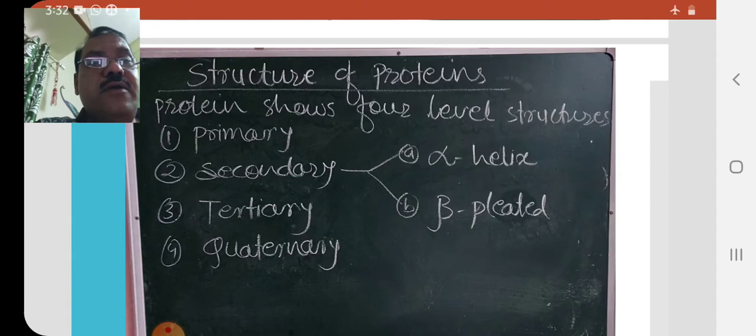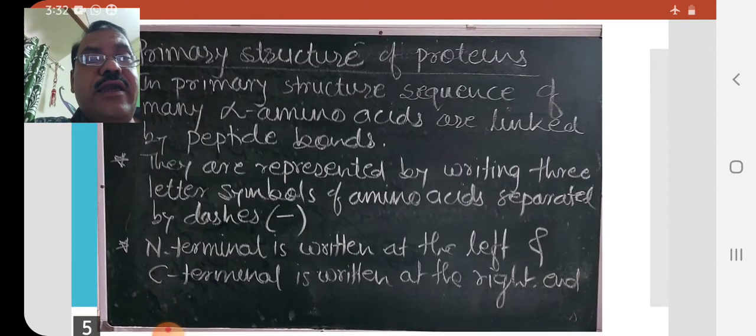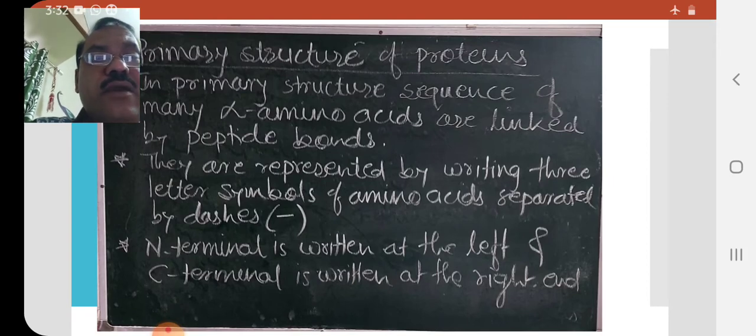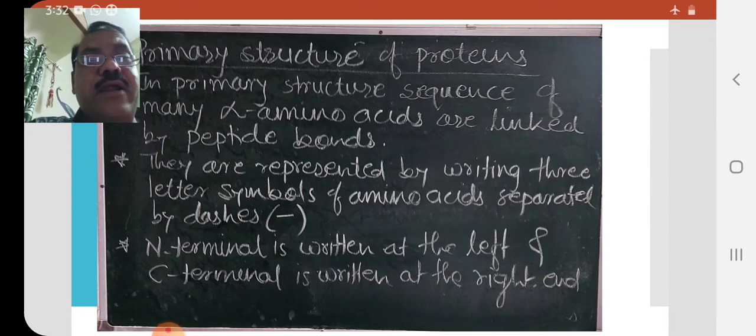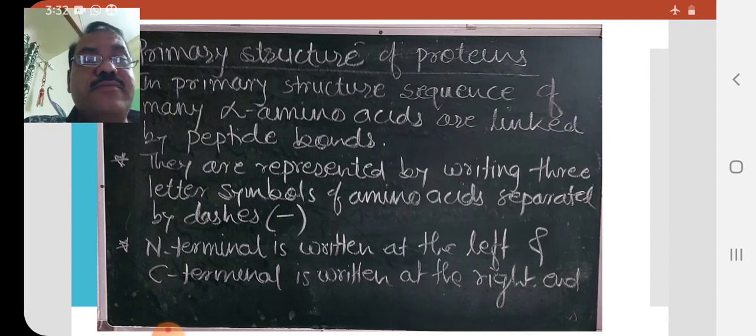So primary structure. What is primary structure? In primary structure, many alpha amino acids are linked by peptide bonds. When you see the example, you can clearly understand. Many alpha amino acids are linked by peptide bonds, meaning amide linkage, that is the CONH bond.